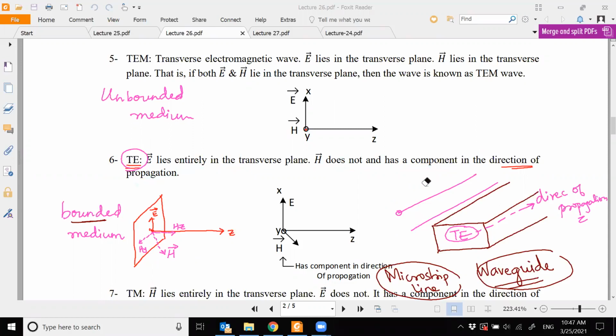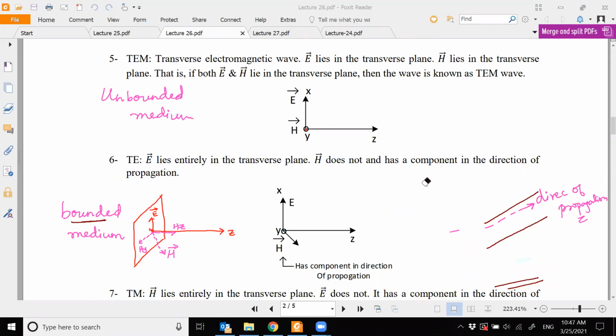from the boundary conditions. Obviously, you should think about why you have such an electromagnetic wave, why you have electric field only in this plane, and magnetic field has this and this component. How is it possible? Here it's not the case, because in the bounded medium it comes with the boundary conditions.